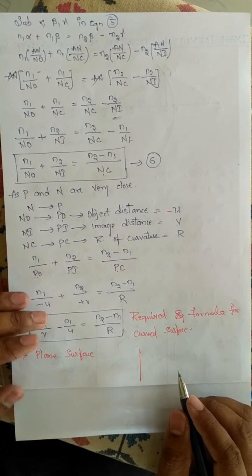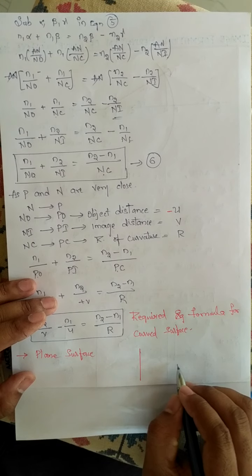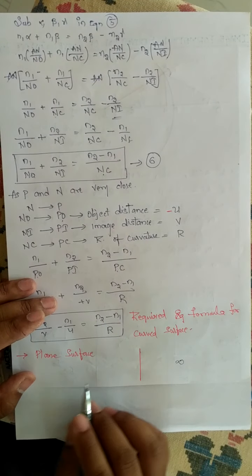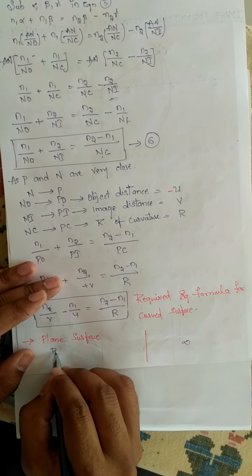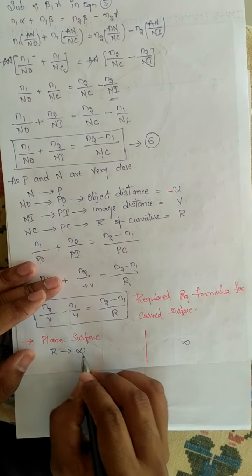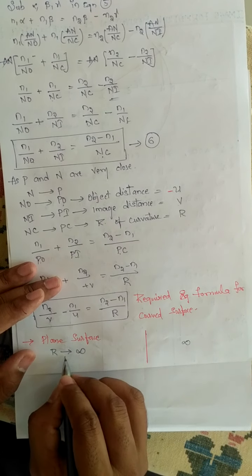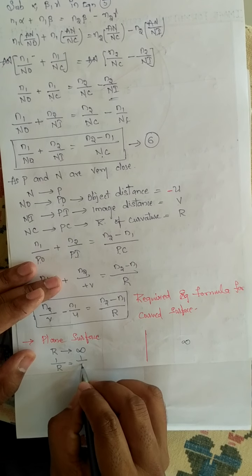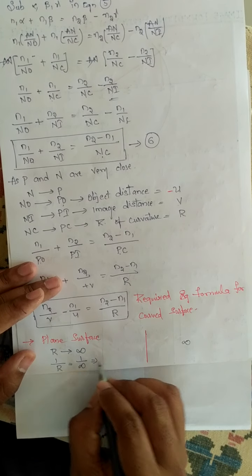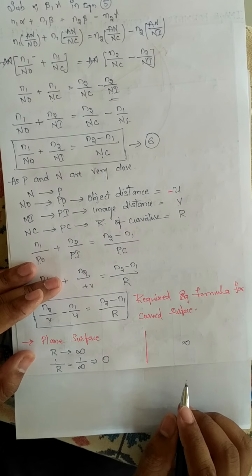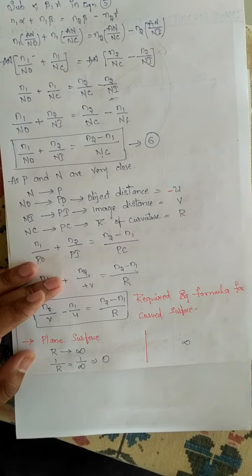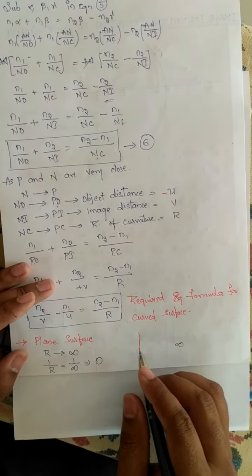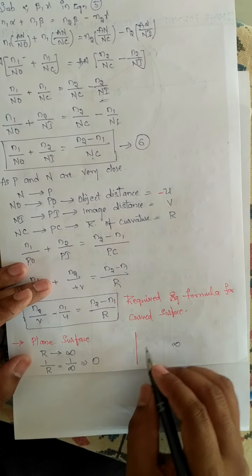The radius of curvature will be at infinite distance. So r is infinite for a plane surface. If r is infinite, 1 by r is equal to 1 by infinity, which is equal to 0, right?